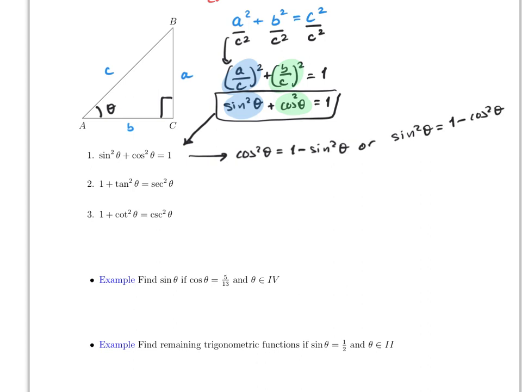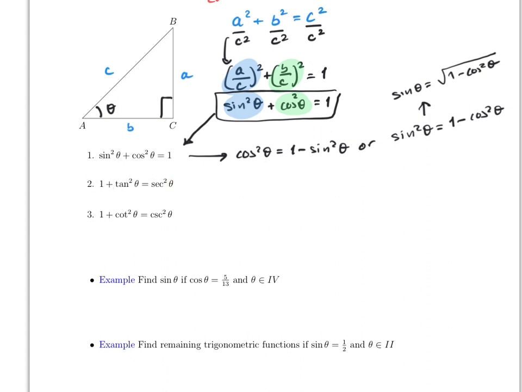They are exactly the same thing. Also notice that from here, if you take the square root, sine theta is the same thing as this. So even though this is what you need to memorize, you need to understand that this and this are exactly the same thing.